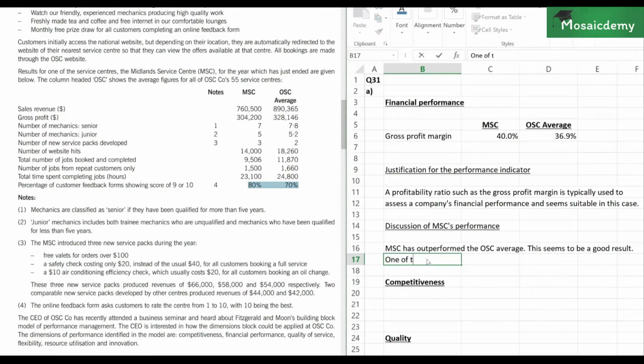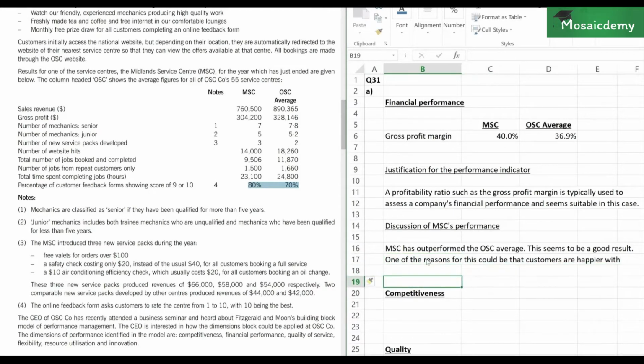One of the reasons for this could be that customers are happier with MSc's performance and coming back over and over, right?